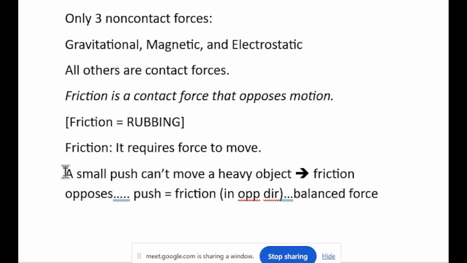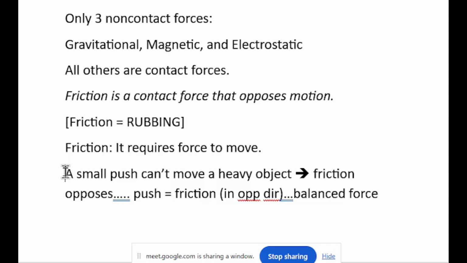So if a thing does not move, like a heavy almirah, if you cannot move it, it is because of friction. Without friction, even with a single finger you can move it. With a finger I can move an almirah. With a finger I can even move a big lorry. But it is the friction which is preventing the motion.